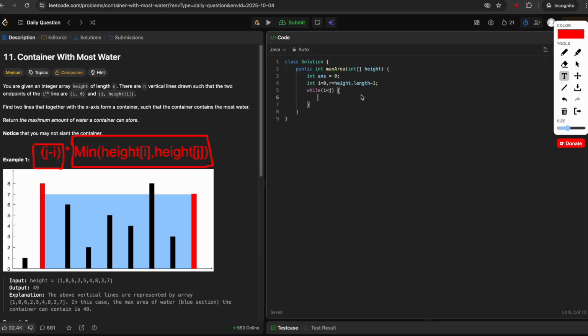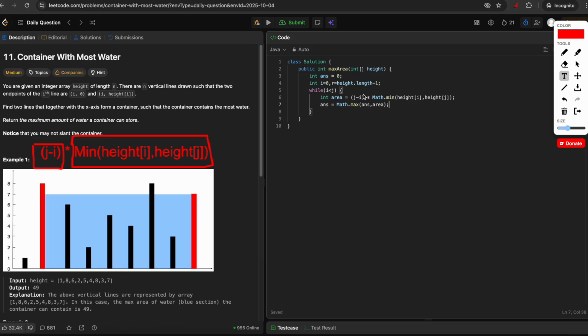And now first step is just to find the area. So area will be j minus i times math.min of height of i and height of j. Once we have the area, just compare it with the answer, so answer equals math.max of answer comma area.